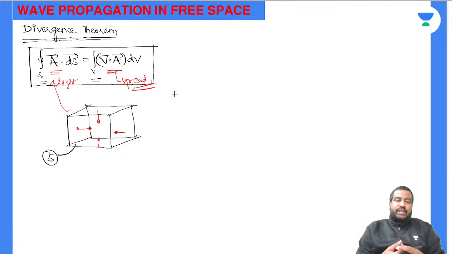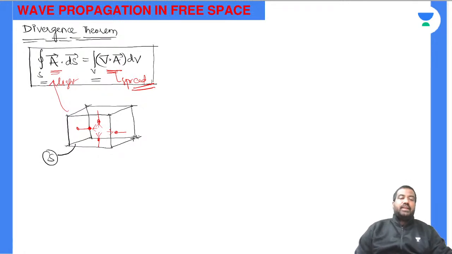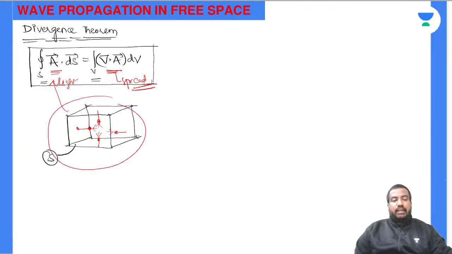It's natural: the more light you keep on these walls, the more light will spread in this volume. As simple as that. So it relates closed surface to volume. This is how you can interpret the divergence theorem.